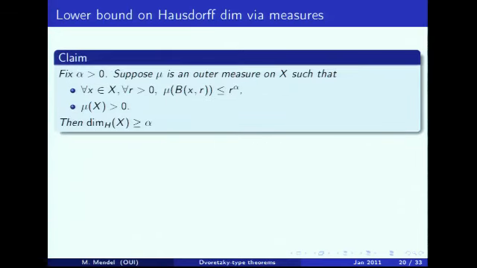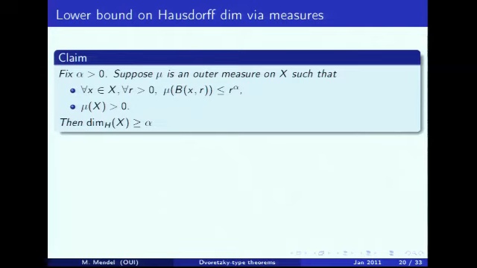Okay. What happened there? Here is a way to prove a lower bound on the Hausdorff dimension. Suppose mu is an outer measure, which just means that it's monotone and it has the subadditivity property.